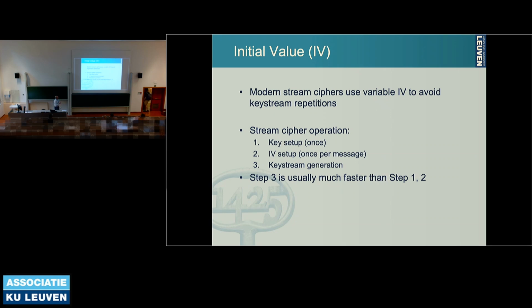And usually a stream cipher gets its performance, its speed, by making the third step very fast. And it gets its security by making the first two steps very lengthy and complicated. And so one tries to get high speed combined with high security. It's not always successful, but we'll see some of the examples.